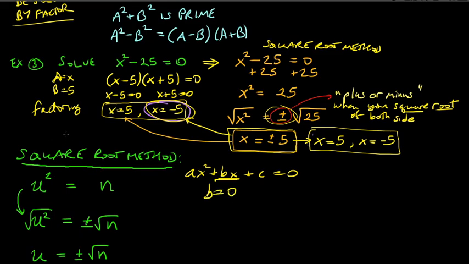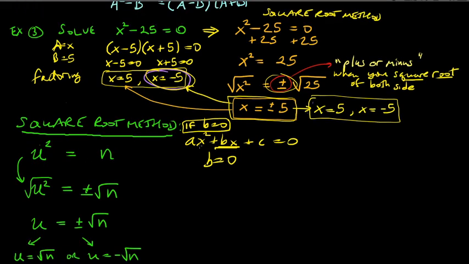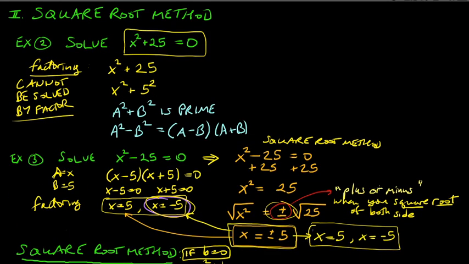Right, so for the square root method to work, it's very important that you have b being 0, at least in standard form, right? Now, if you were to expand this out, the u out, then b might not be 0, but let's not worry about that at the moment, right? So the square root method, again, doesn't always work. It doesn't work if b is not 0, right? b has to be 0 to apply the square root method directly. Makes sense? So now we can go back up here and solve this equation.